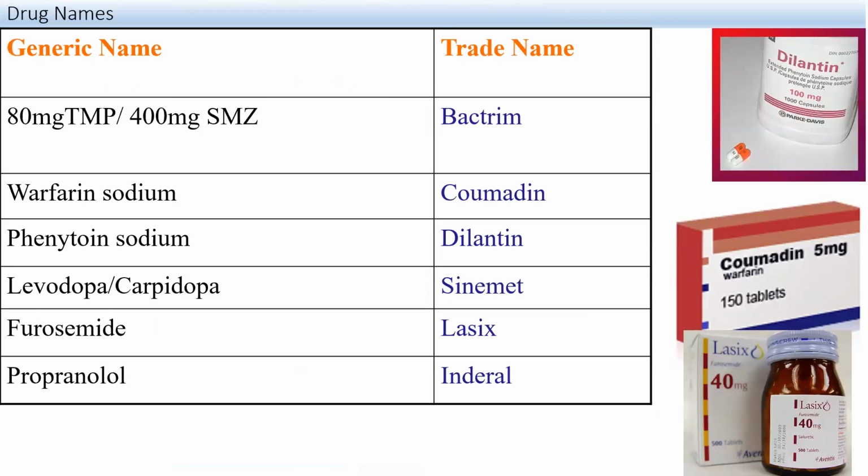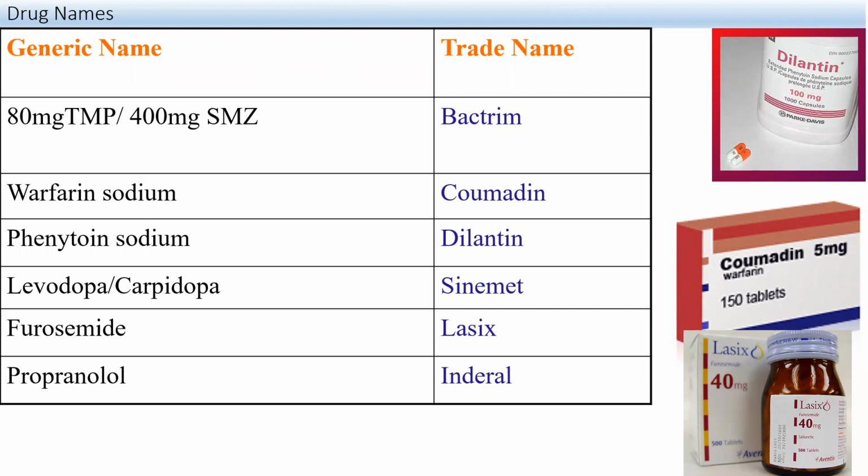Drug names. The generic name versus trade name. ATI will provide you with the left-hand column, which is the generic name of the drug. It will be provided as TMP SMZ, which is trimethoprim sulfamethoxazole.